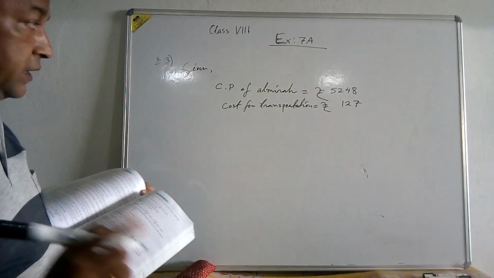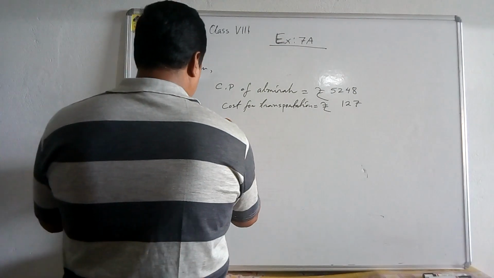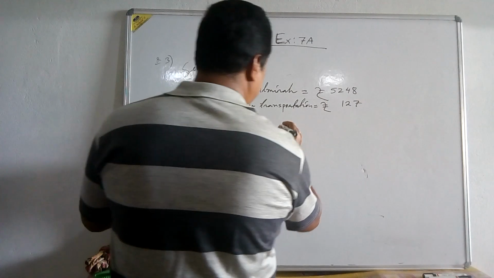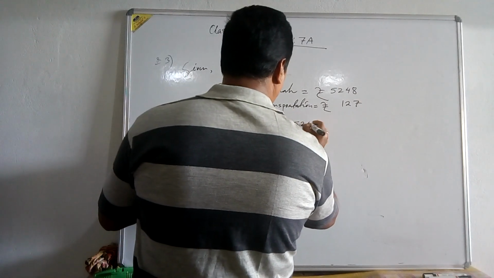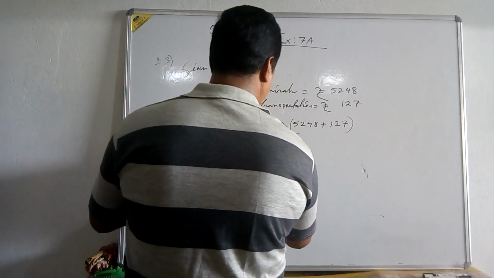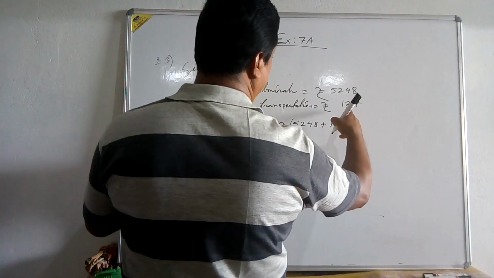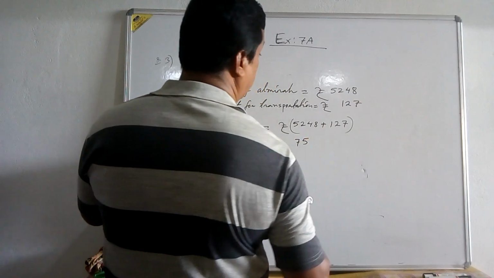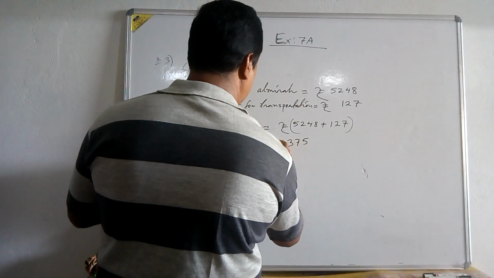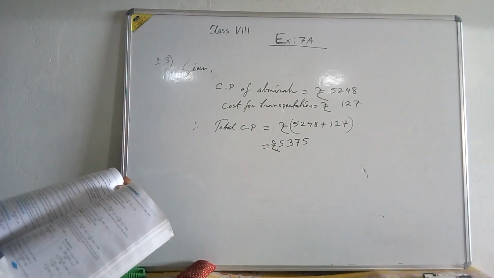Now you have to find out the total cost price. Therefore total cost price equal to rupees 5248 plus 127. Now if you add up, how much do you get? You get 5375. That is the total cost price.